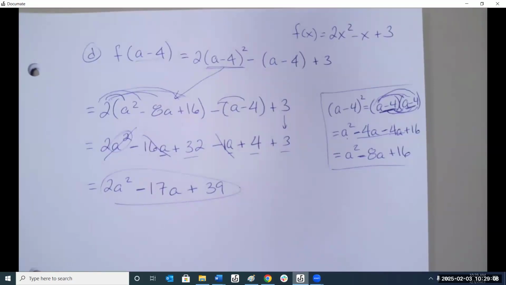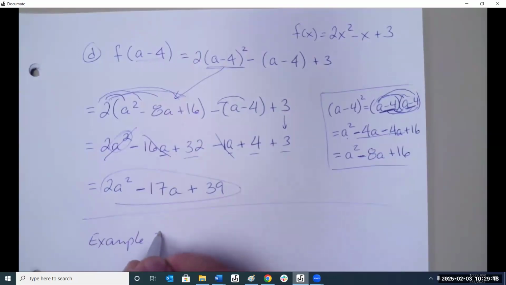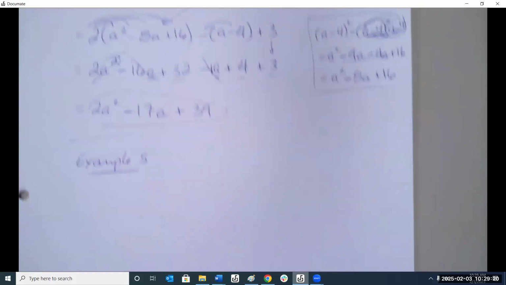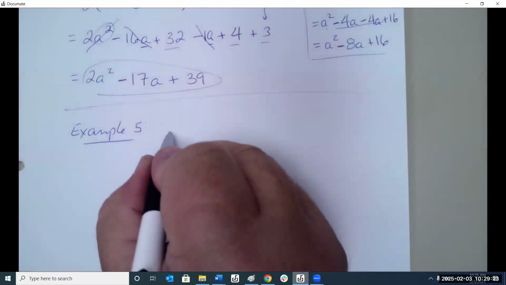Lot of writing. Example 5, we're going to skip for right now, because what it's saying is graph these functions.